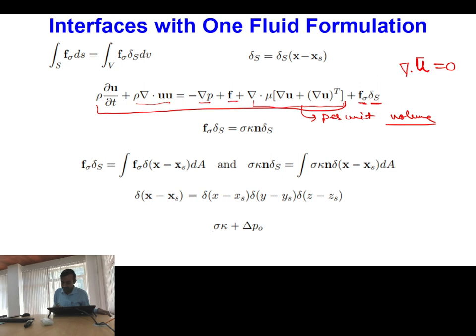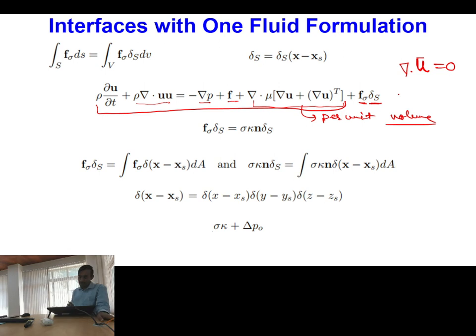So when I am using this F sigma over here, this is also nothing but the force because of the surface tension per unit volume. But this force in reality will be acting only at the interface. So that's why I have used over here some one dimensional function which will be making it effective at the interface only, and away from the interface, the value of this one dimensional delta S function will be 0.